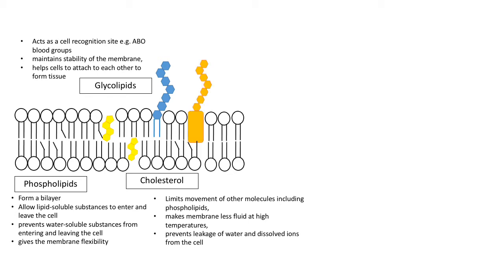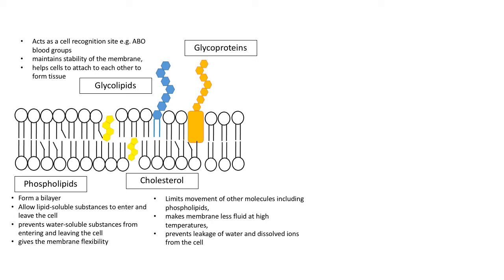Next, something like this will represent glycoproteins. So this is a carbohydrate bonded to a protein. So the protein sits embedded in the membrane, and that will have a lot of amino acids with hydrophobic side chains, so that it's able to sit within the lipid portion of the membrane.